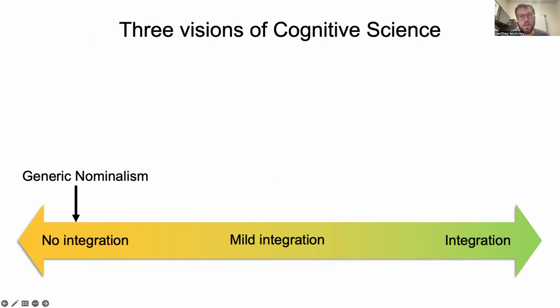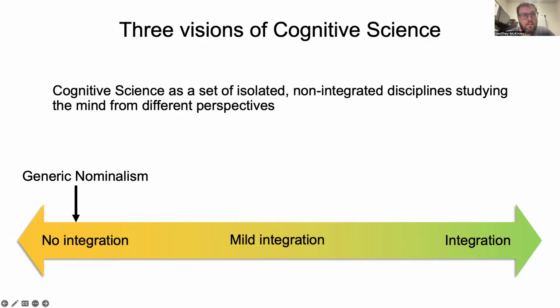Each discipline does its own thing with its own set of assumptions and methods. This is a way to do it. But given how complex the mind is, one might reasonably conclude that in order to understand the mind, there needs to be some amount of integration among different fields. So you could argue easily that generic nominalism won't get us to where we need to go in understanding the mind in a fully integrated way.